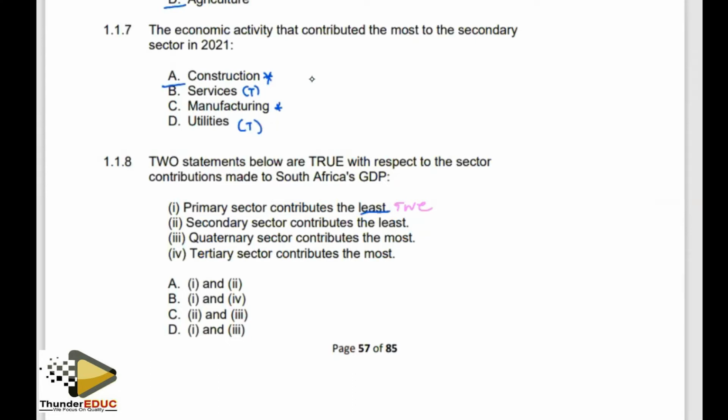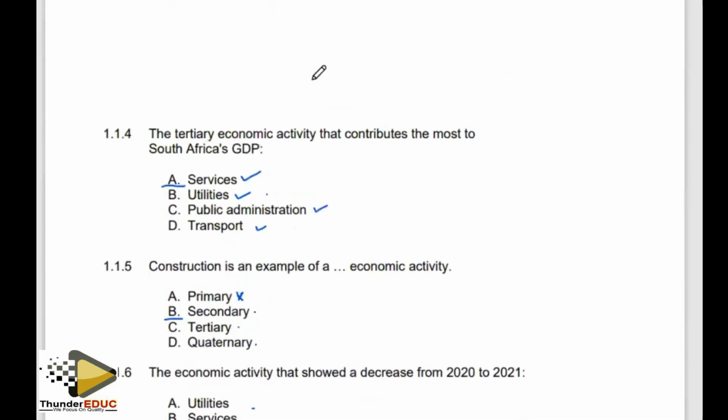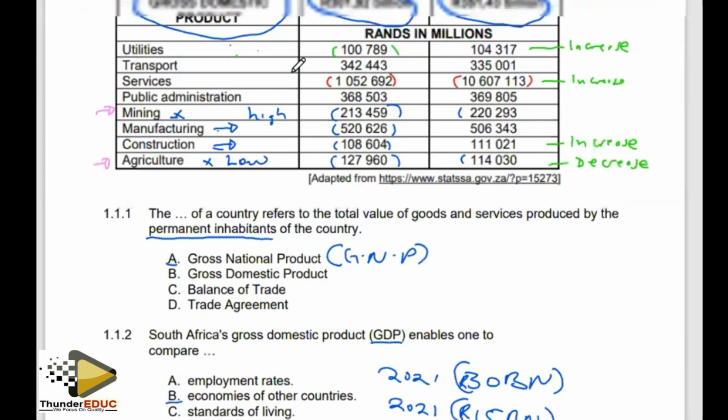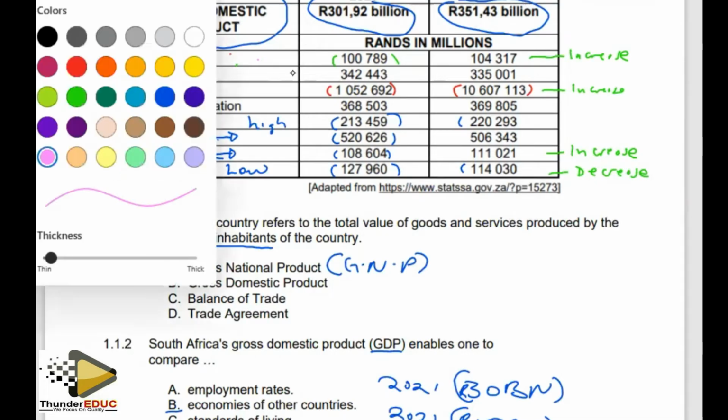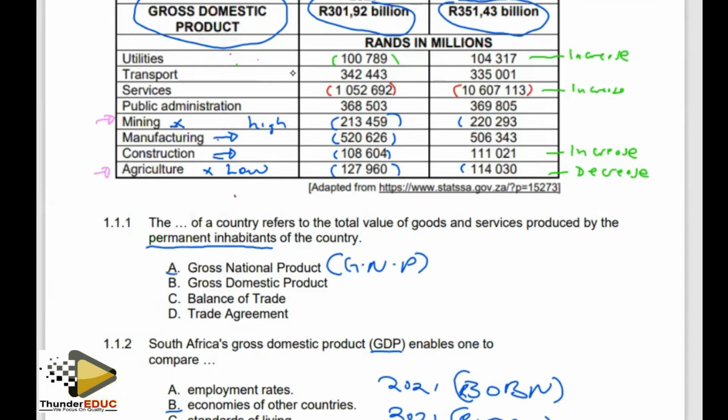Then number 2, the secondary sector contributes the least. Let us check on the secondary sector and see if it also contributes the least. Under secondary, let's use a different color. Secondary, we have construction and manufacturing. Yes, these two.